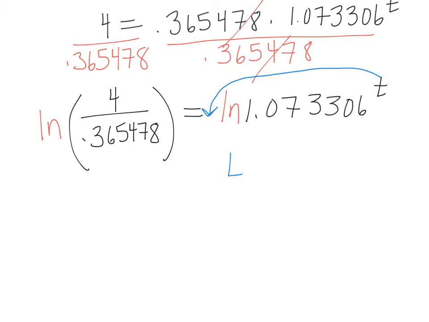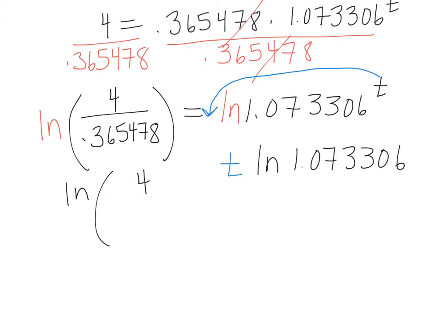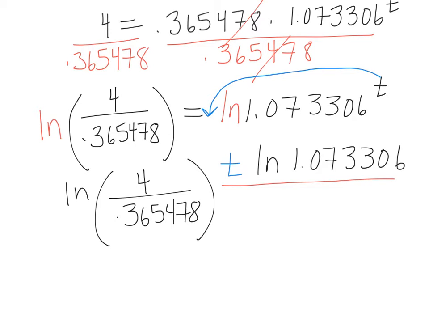So I've got t times the natural log of that 1.073306, and I've got the natural log of this whole fraction here. And so to solve for t, now we can divide by the natural log of the 1.073306. So it's nasty looking. Definitely a calculator problem.